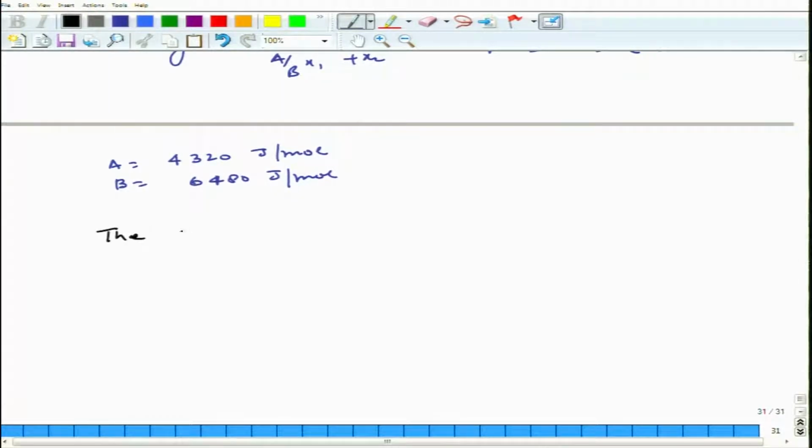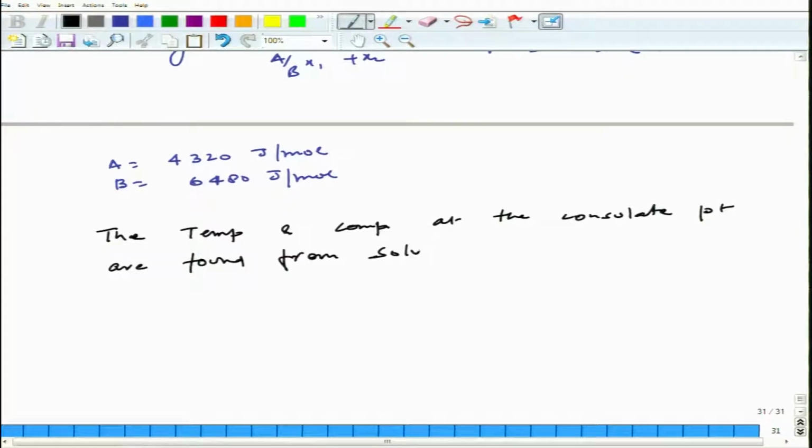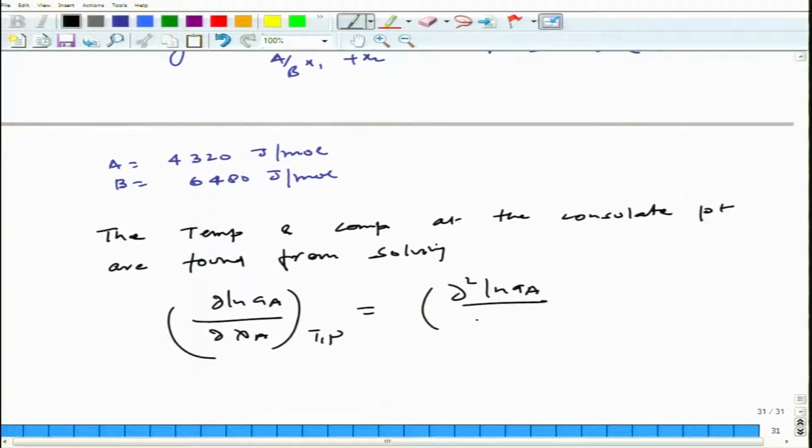The temperature and composition at the consolute point, that is basically the upper critical solution temperature, can be found by solving the conditions of incipient instability, or in this case we will consider equality: d ln a_A by del x_A at constant T and p is equal to 0, and similarly the second derivative is also equal to 0. Okay.